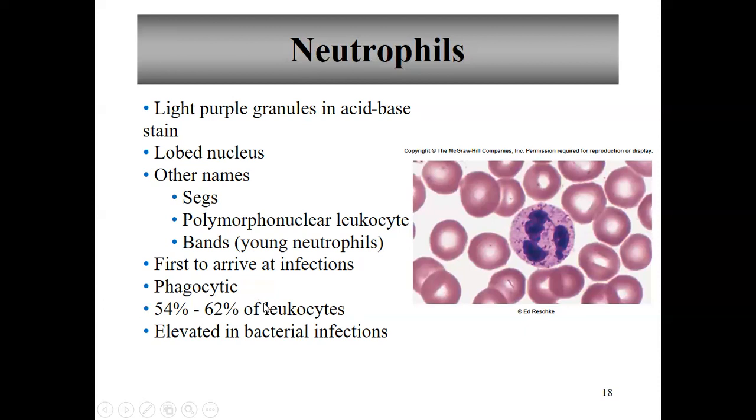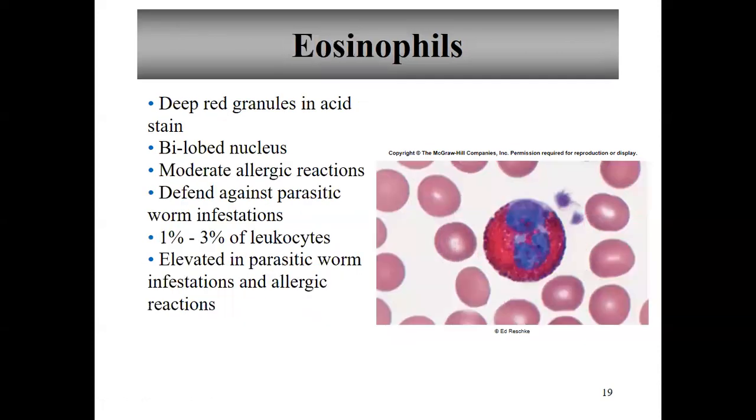If you look at a blood cell count and the neutrophils are more than 62% of your white blood cell count, then you know that person has a bacterial infection in their body. So being able to understand what the different types of white blood cells do, so that you can understand what's going on inside the person, is going to be helpful for you as a clinician, because again, even though the neutrophils are the most abundant white blood cell type within all leukocytes, if it is elevated beyond this amount, then you know that person has a bacterial infection.